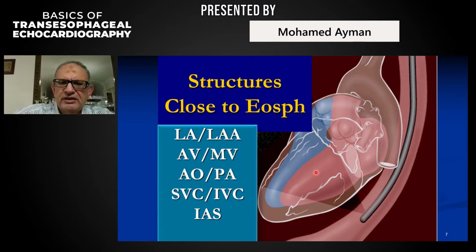And also, we can see the main pulmonary artery and its left branch. And we can see the superior vena cava, inferior vena cava, and the interatrial septum. I'm going to show you all these structures in the coming videos.